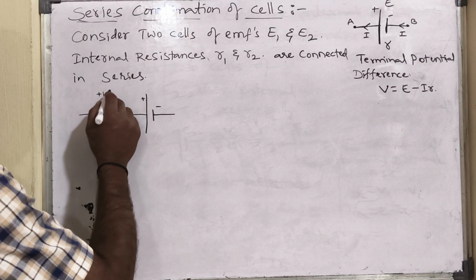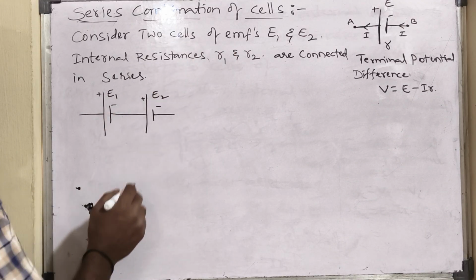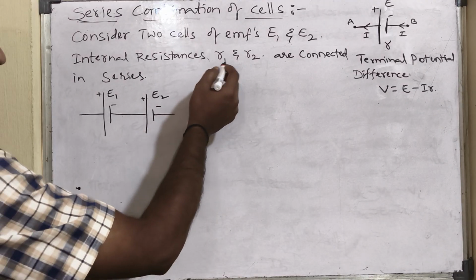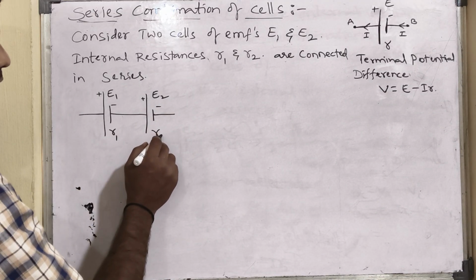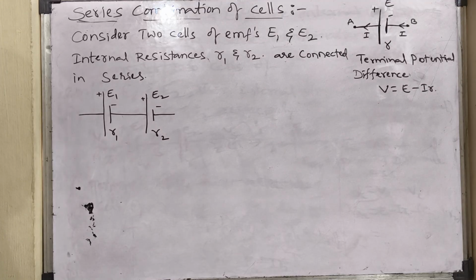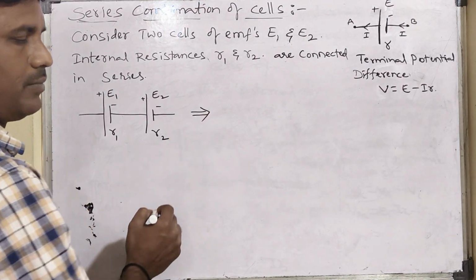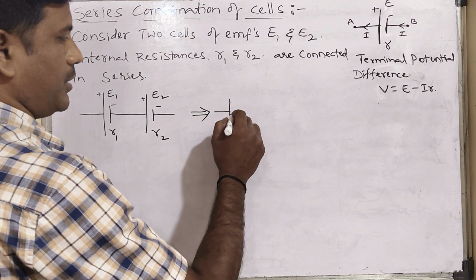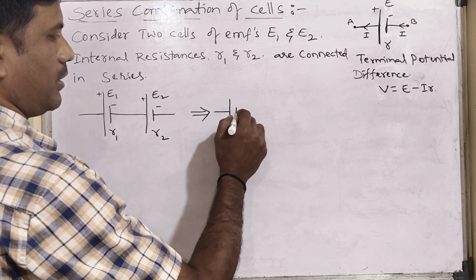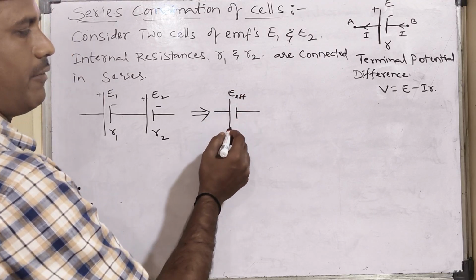So its EMF is E1, as I already wrote, and here its EMF is E2. R1 and R2 are the internal resistances. Now this is the total effective cell. Effective cell means the total combination. These two cells give the effective EMF, E effective, written E_eff.